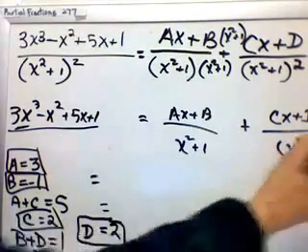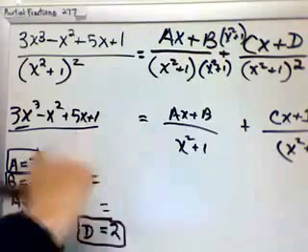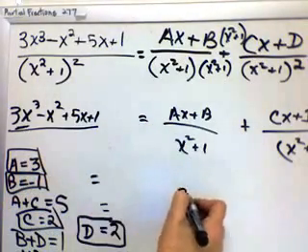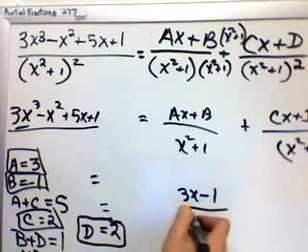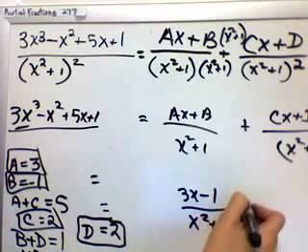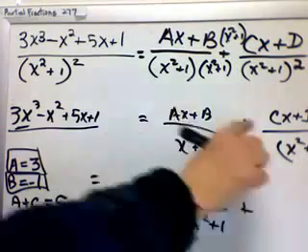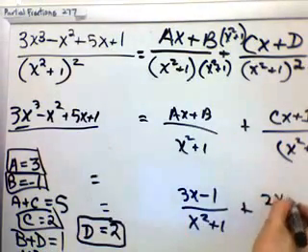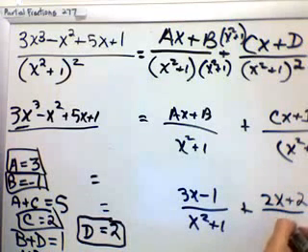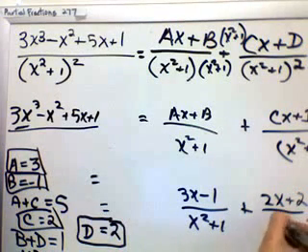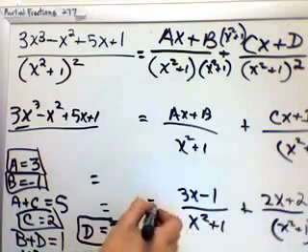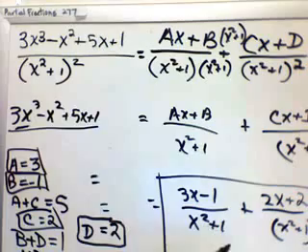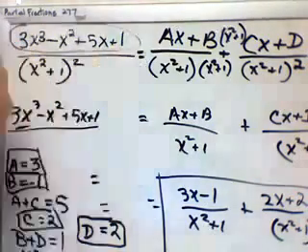I know that a is 3 and b is minus 1, so this would be 3x minus 1 over x squared plus 1, plus, c is 2 and d is 2, so 2x plus 2 over x squared plus 1, the quantity squared. And there's the original partial fractions.